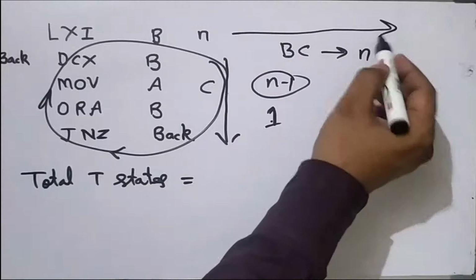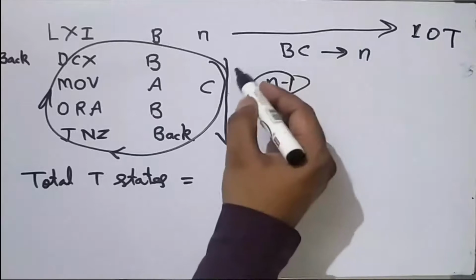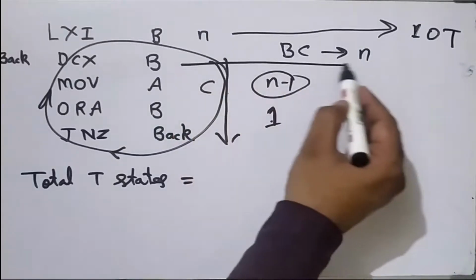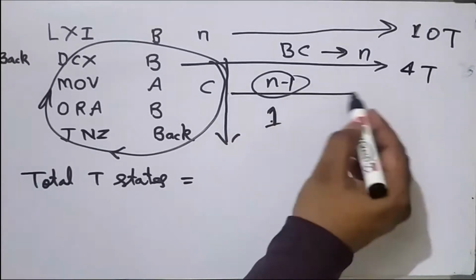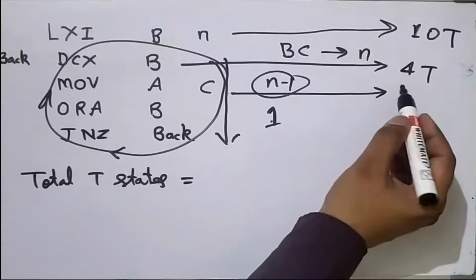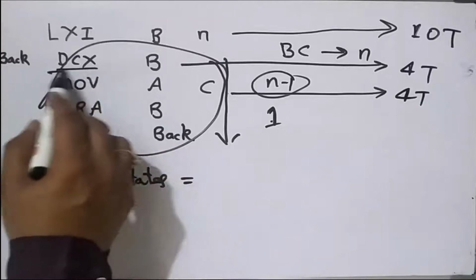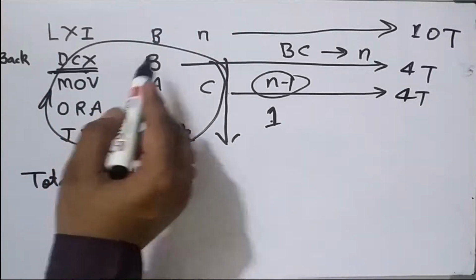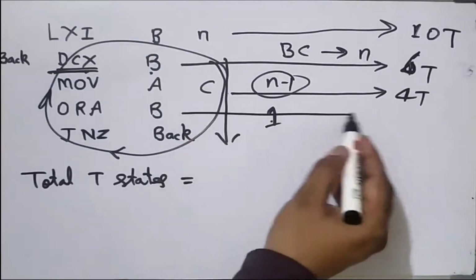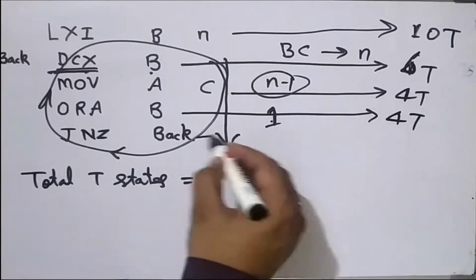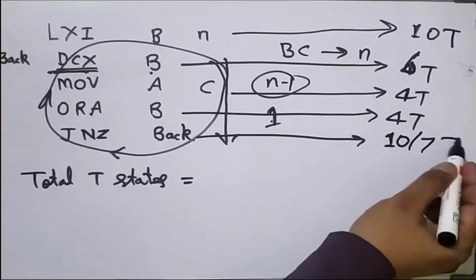You know that LXI will consume 10 T. I gave all the T states in the previous lecture. 6 T, 4 T, 4 T. Now this is DCX, not DCR. DCR B will consume 4 T. This is DCX, hence it will consume 6 T. ORA 4 T. JNZ has two options, 10 or 7.